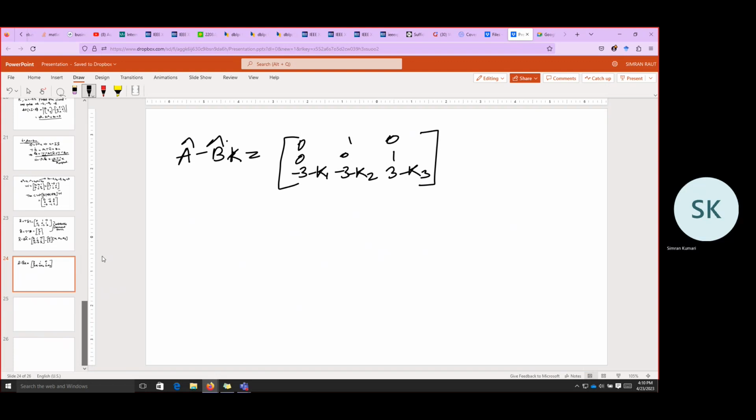Okay. So this is a closed loop matrix. The characteristic equation will be determinant of sI minus A cap plus B cap K cap.